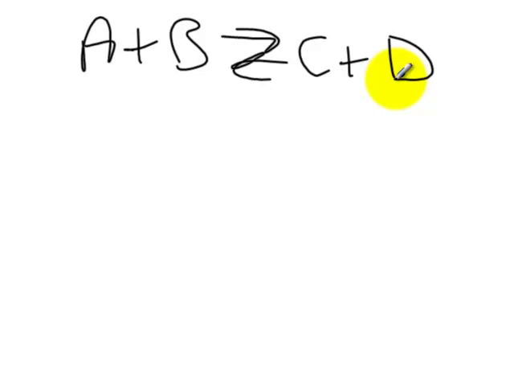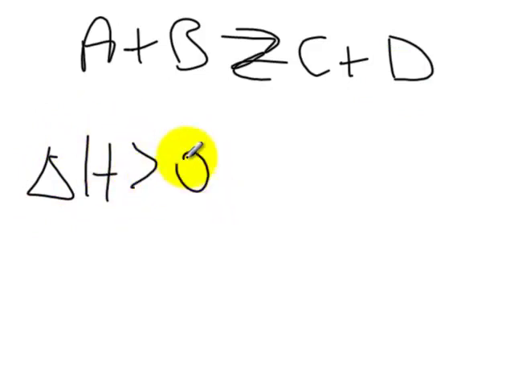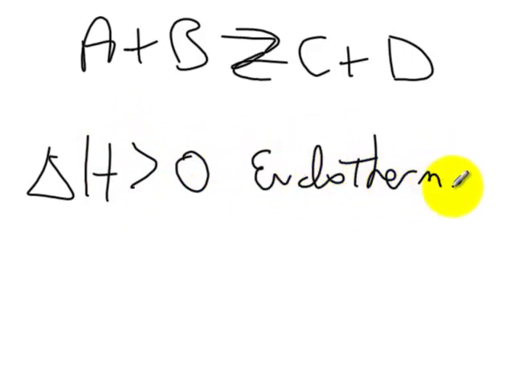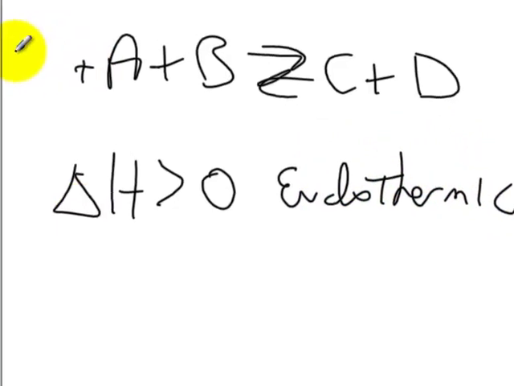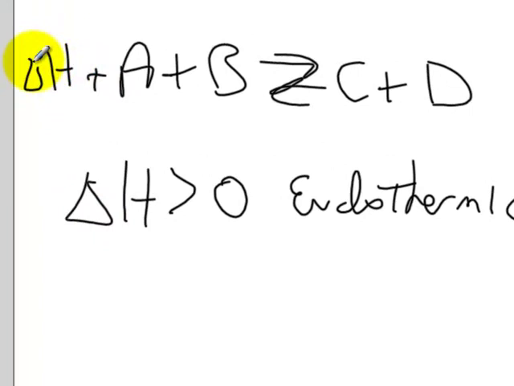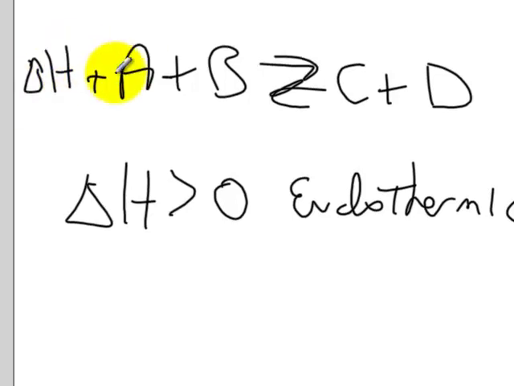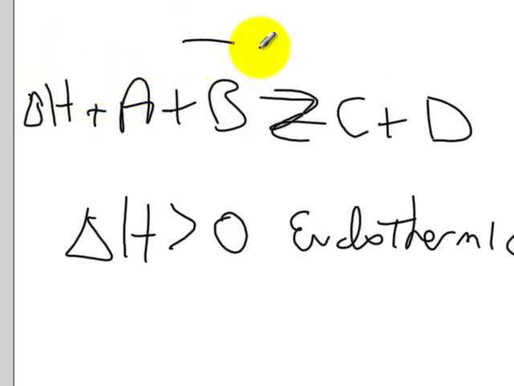If it's an endothermic reaction, delta H is positive. And if delta H is positive and it's endothermic, you can think of the heat, or the delta H, as being a reactant. So if I increase the temperature, that's the same as increasing a reactant, and the shift is going to be toward product.